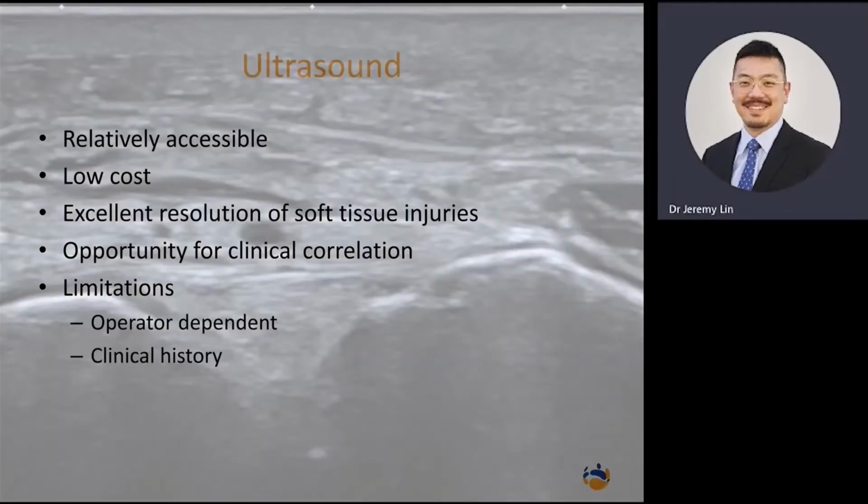Next imaging modality is ultrasound. Again, it is still readily accessible. In most of our clinics, I think the waiting time is about 1 to 2 days. It is usually fully rebated, so it's a low-cost imaging modality to the patient. It gives excellent resolution of soft tissue injuries, and depending on the probe, it allows you to visualize very fine details of ligaments and tendons.